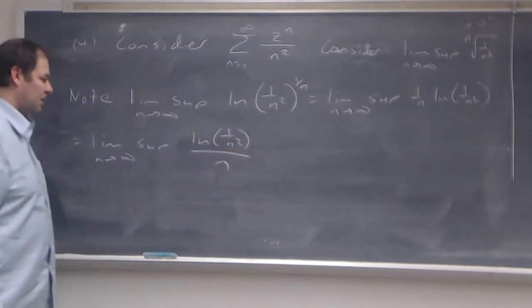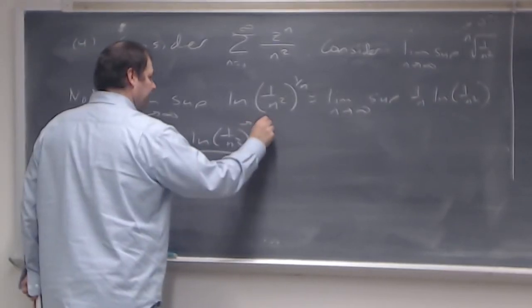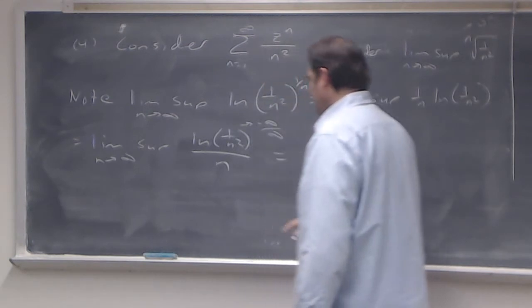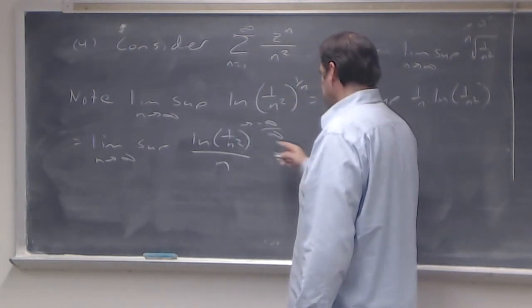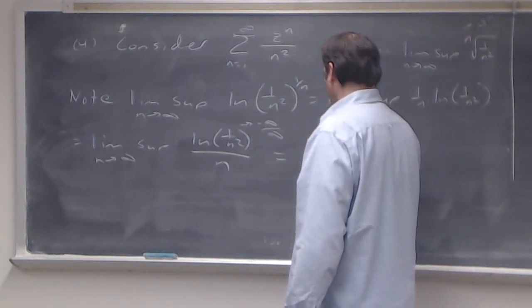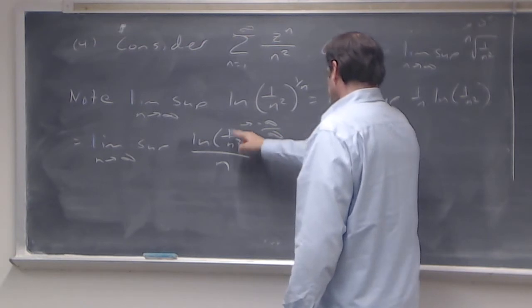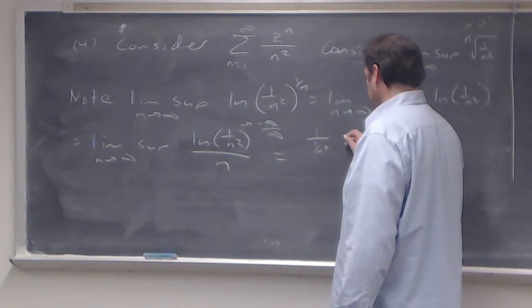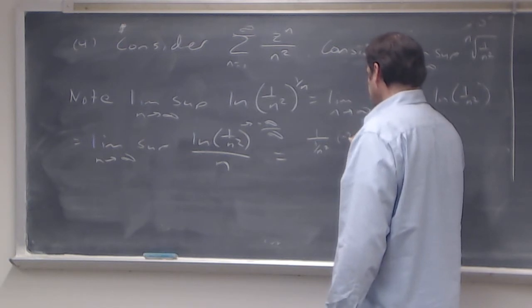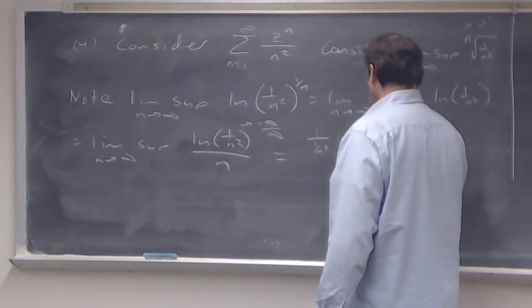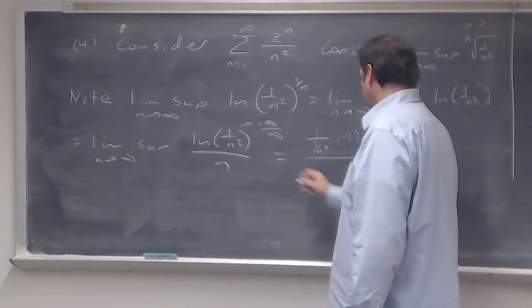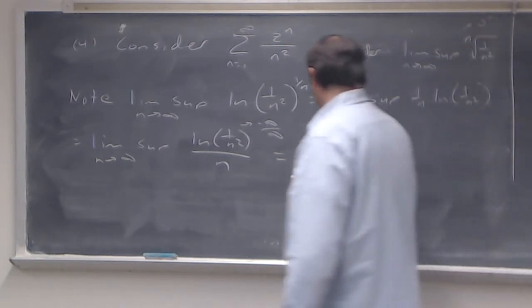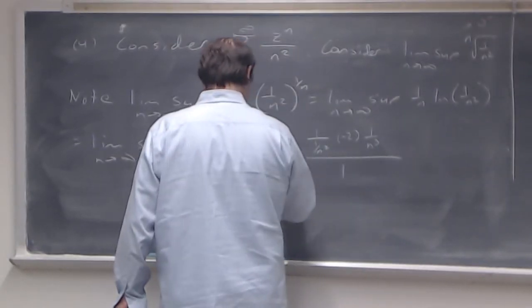And here I'm going to use L'Hopital's rule because this is like minus infinity over infinity. The derivative here is going to be n squared times the derivative by the chain rule of n to the minus 2, which is going to be minus 2 over n cubed, all divided by 1. Okay, so I forgot the lim sup here, so I made a big mistake. Don't forget the lim sup.